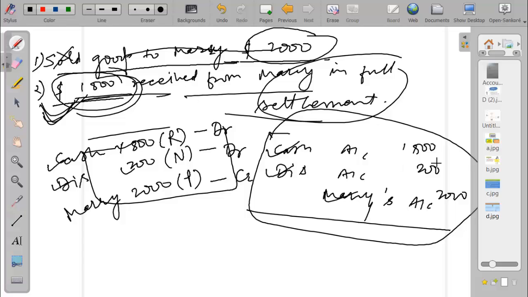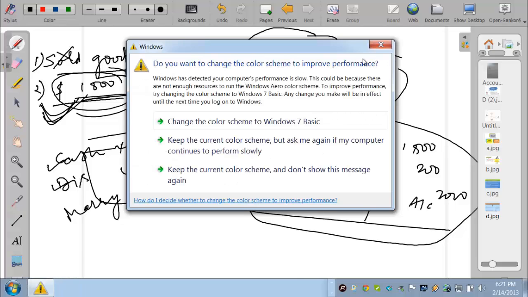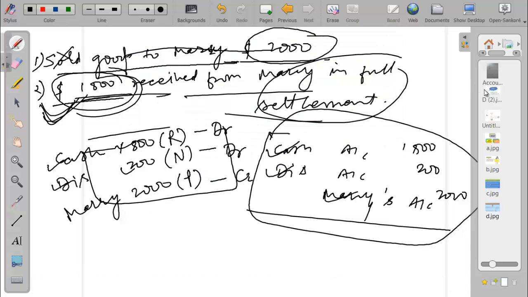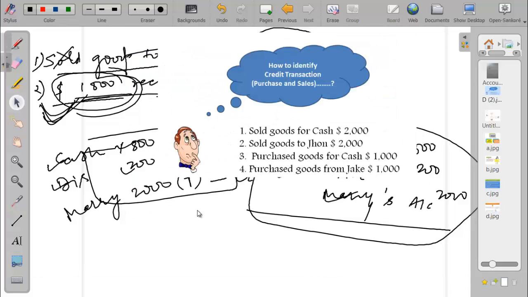Done? Now tell me, today we discussed how many topics? First I explained to you what? First I explained how to identify cash transactions and credit transactions. Is that clear? See this picture I showed you.